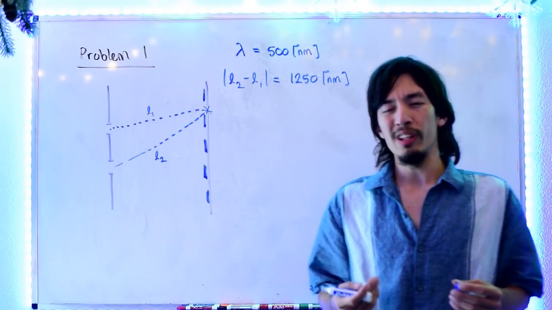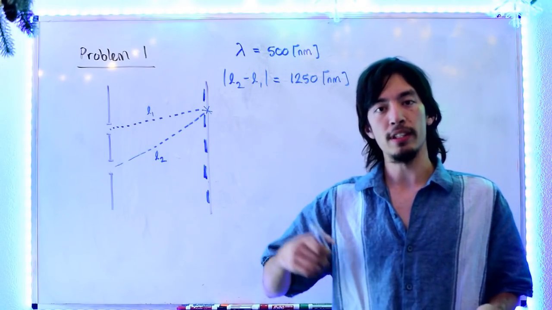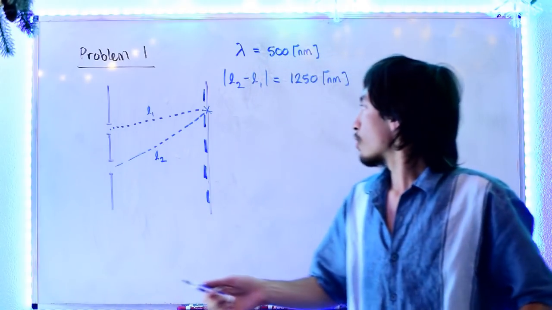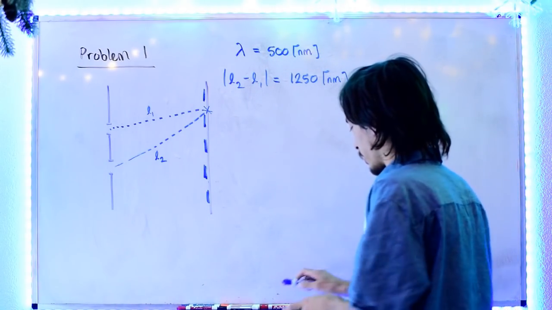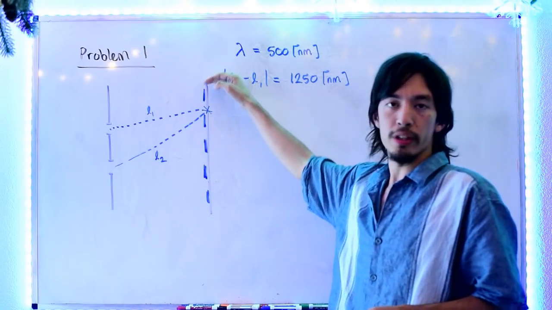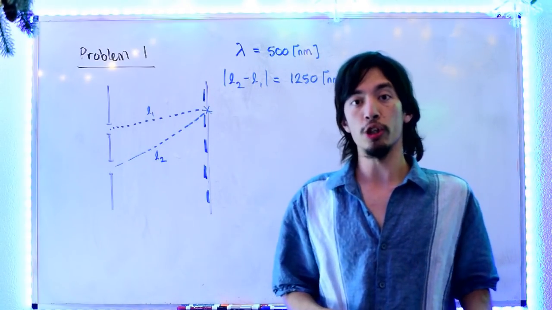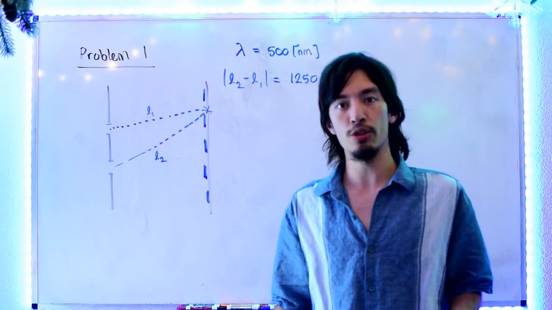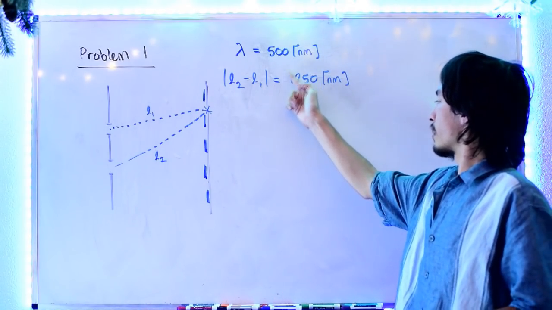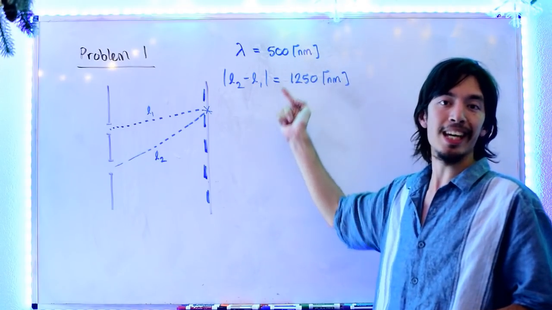So how do we figure out if it's going to be a bright spot or a dark spot, and how do we figure out which one it is? If you remember conceptually that the bright and dark fringes that are seen are determined by constructive and destructive interference, then you can figure out what the significance of this extra distance is.